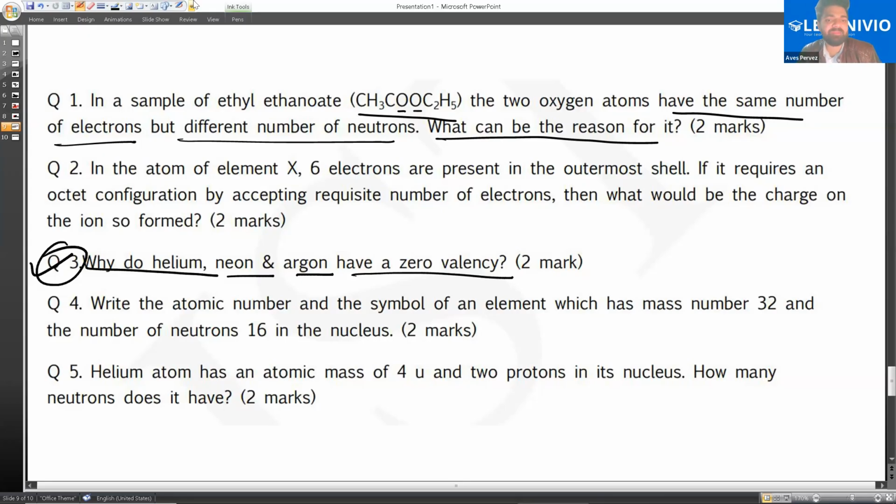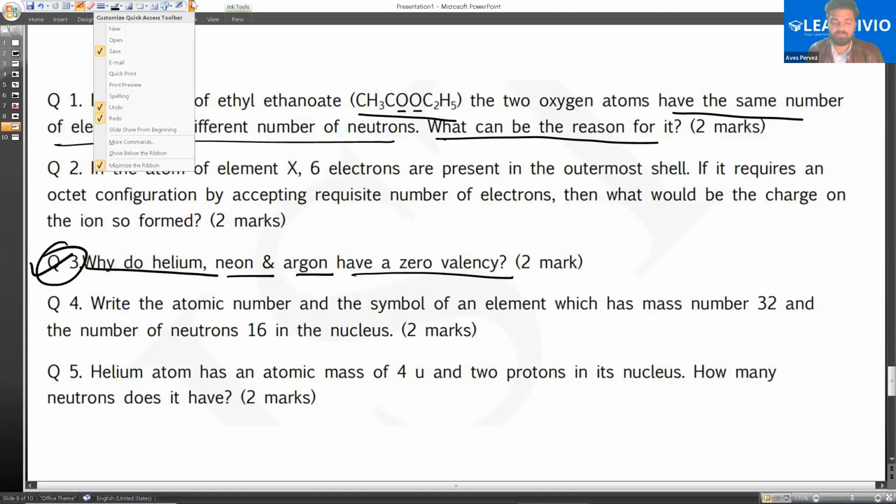What is the specialty of neon, helium, and argon? What are they called? Not answering. So I'm still doing that question.